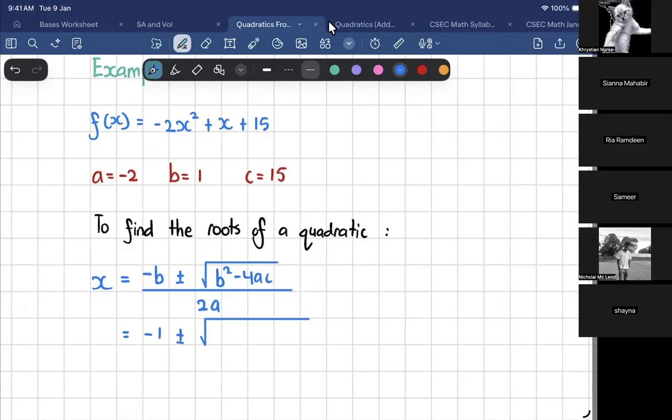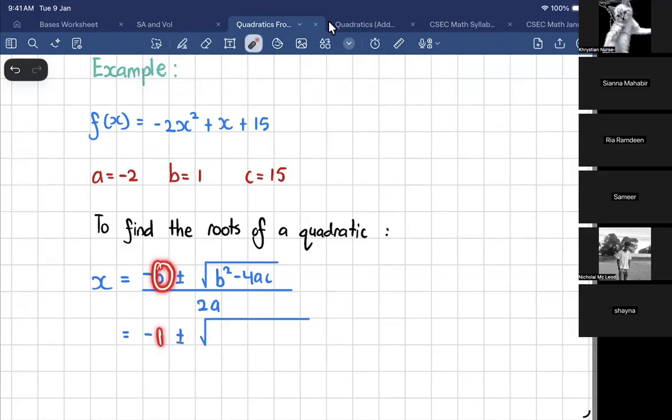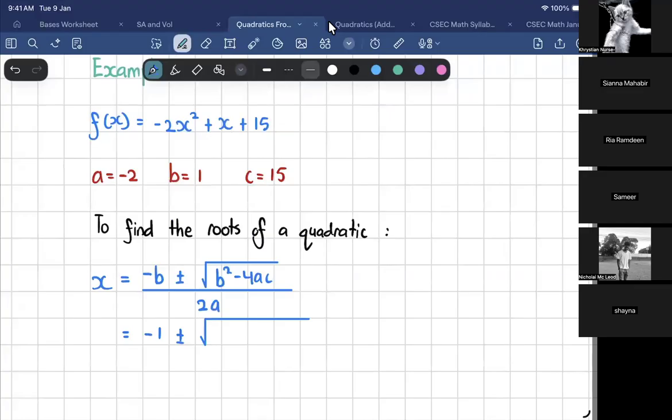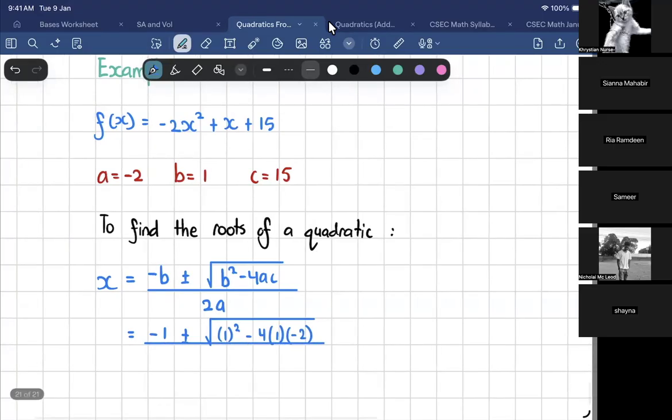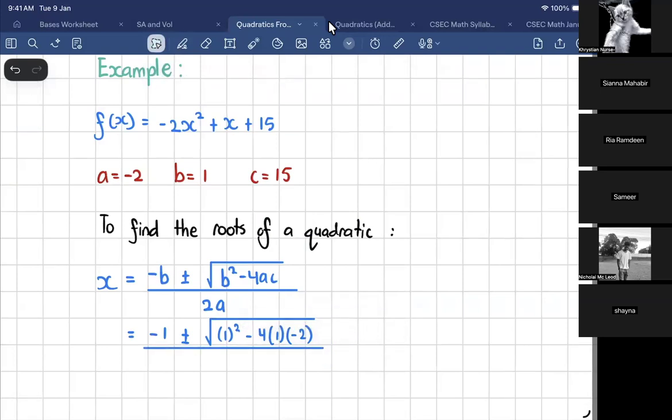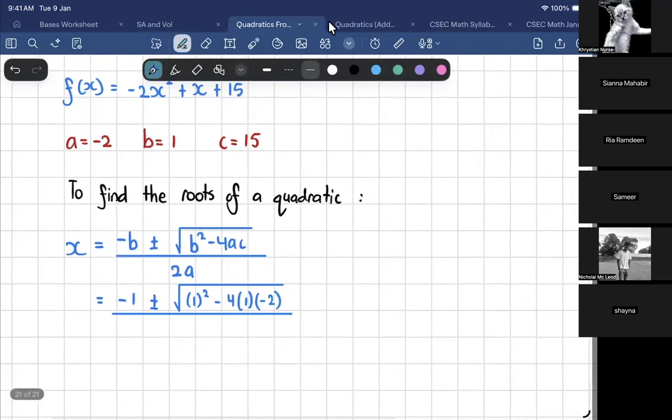We just replace B with 1. Then 1 squared minus 4, open brackets -2, over 2, open brackets -2.